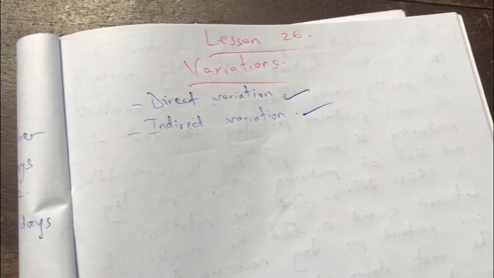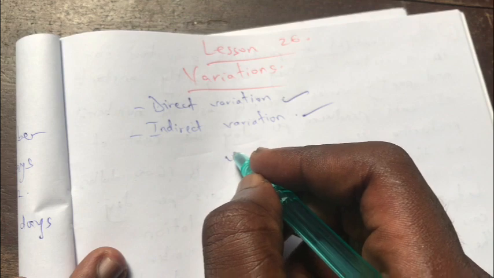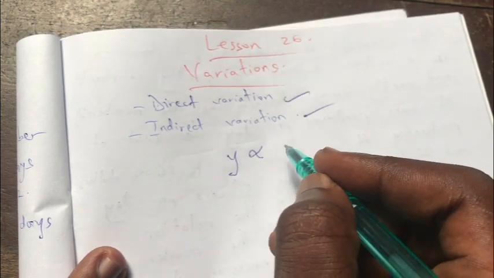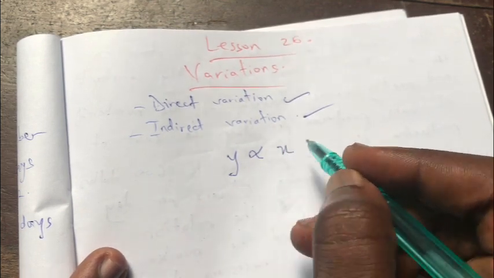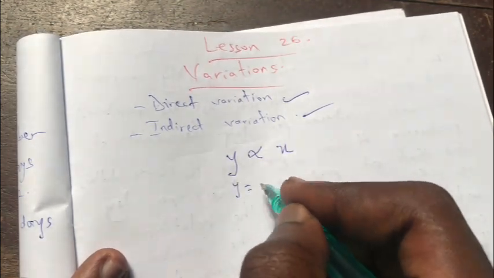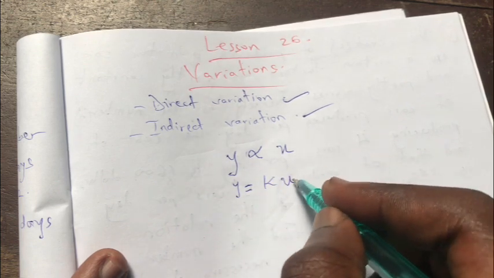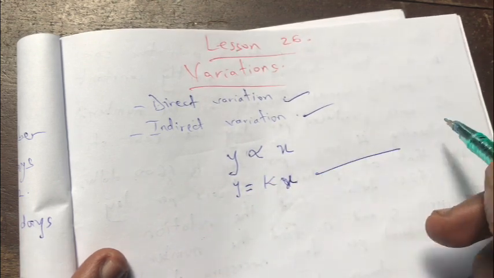For direct variation, if y is proportional to, let's say, x, y increases as x increases. When you change this proportion to an equals sign, you introduce a constant, something like this.